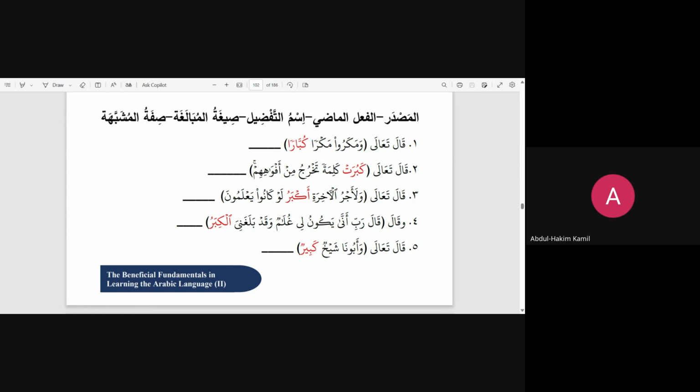How am I going to have a child? How can I have a son? قال ربي, oh my Lord. What does Rabbi mean? Why is there a kasra there? Because the ya is deleted, just to make it light. Rabbi, it's calling my Lord. Anna yakunu li ghulam. How can I have a child? وَقَدْ بَلَغَنِي, it has reached me. Al-kibar. What is kibar?